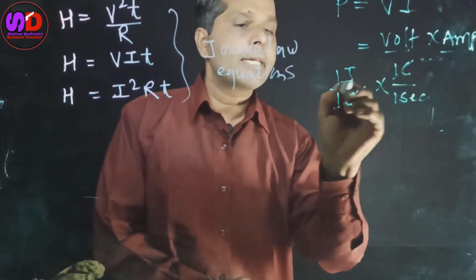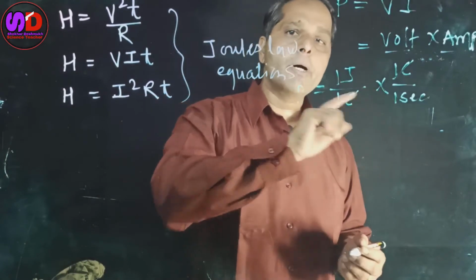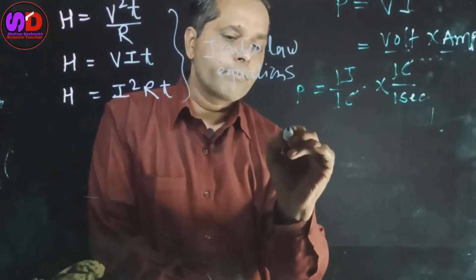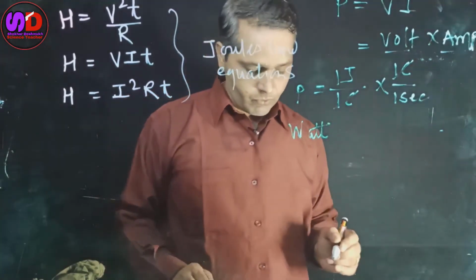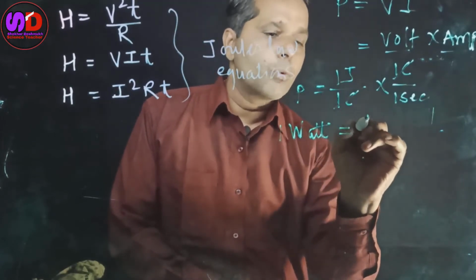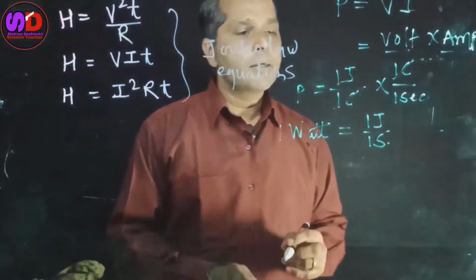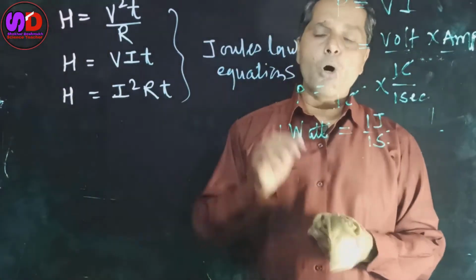So the coulomb gets cancelled out. So the unit of power is joule per second, and it is nothing but watt. One watt is equal to 1 joule per 1 second. So this is nothing but the unit of electric power.